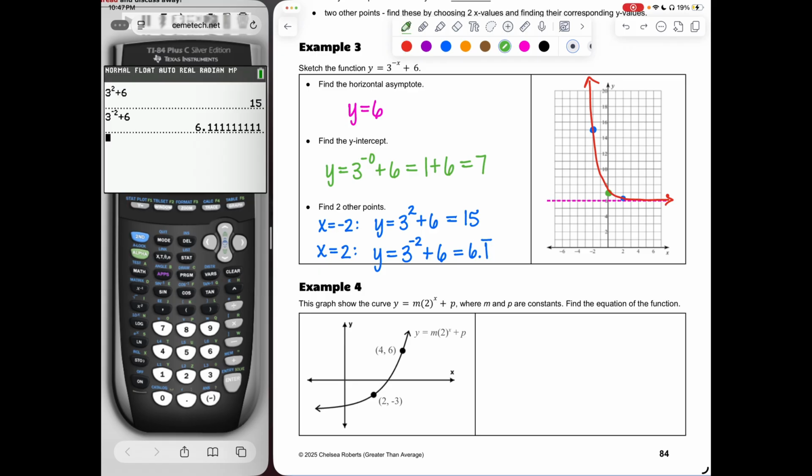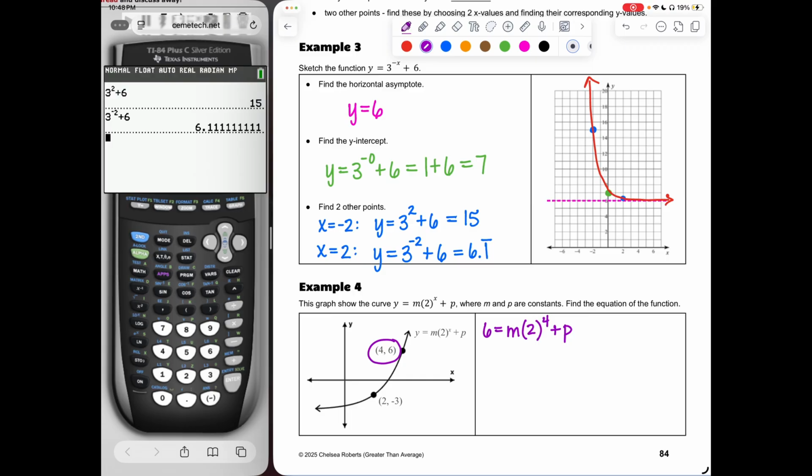So if we look at 4, 6, the equation is going to be 6, for y, is equal to m times 2 to the power of x, which is 4, plus p.